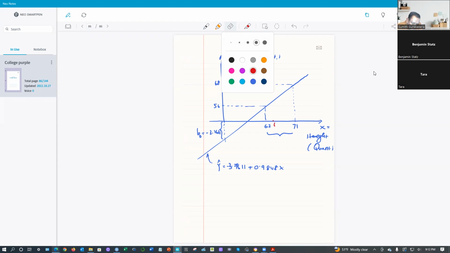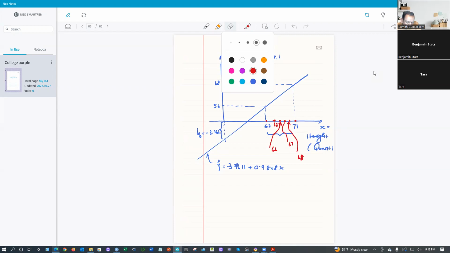Another point, height 66, 67, and 68. So the heights are 62, 63, 66, 67, 68, and 71. Six heights.